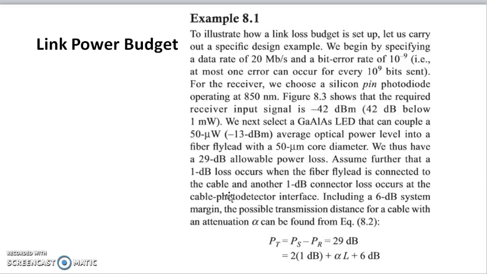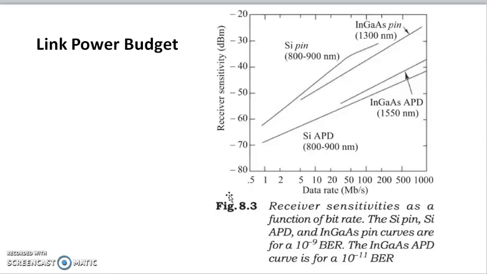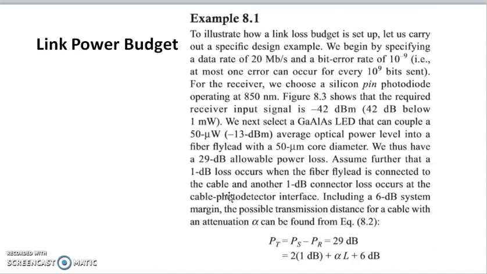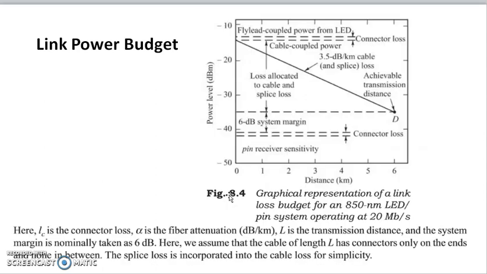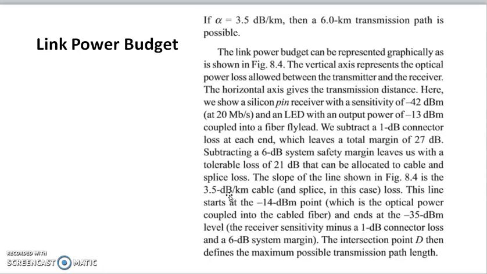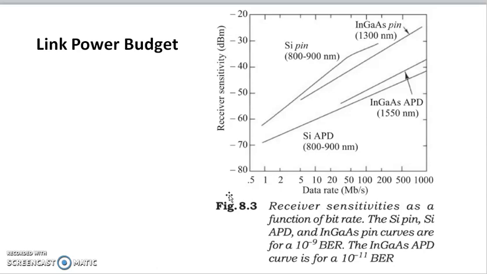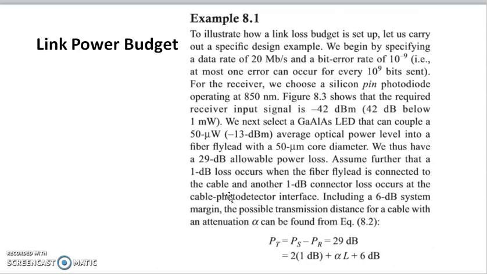So for this PIN diode operating at 850 nanometer, from the figure we can consider the input signal and the receiver sensitivity of a PIN diode. Now we consider that this graph is showing the power level, distance, and receiver sensitivity. And the receiver input signal is minus 40 dBm.